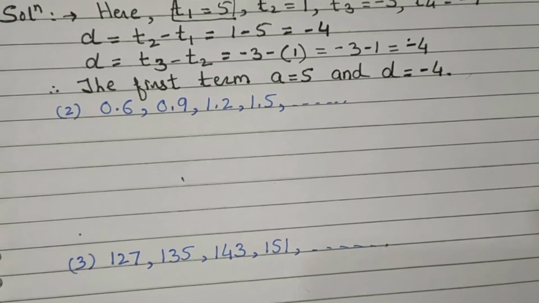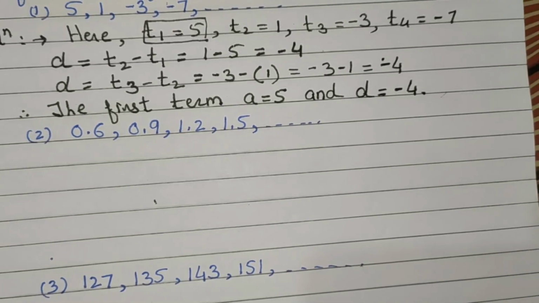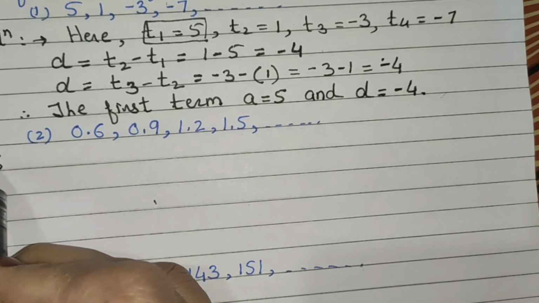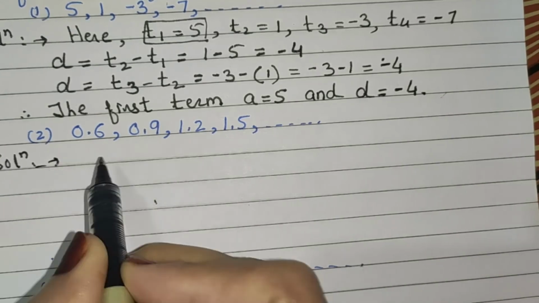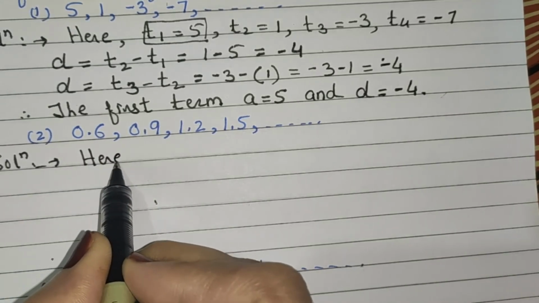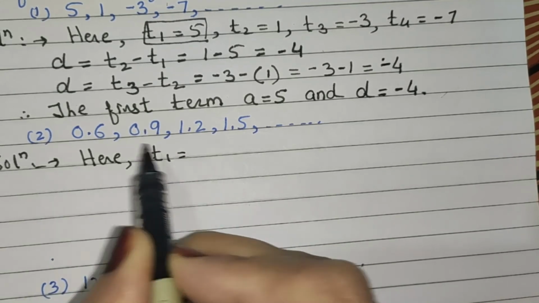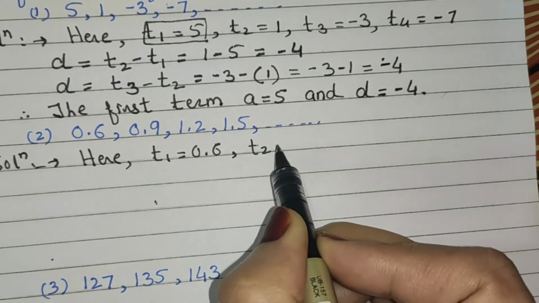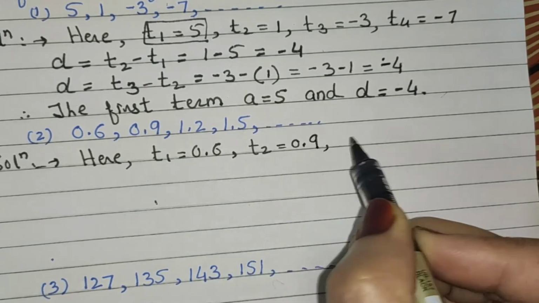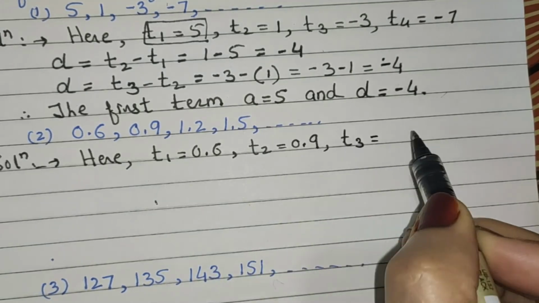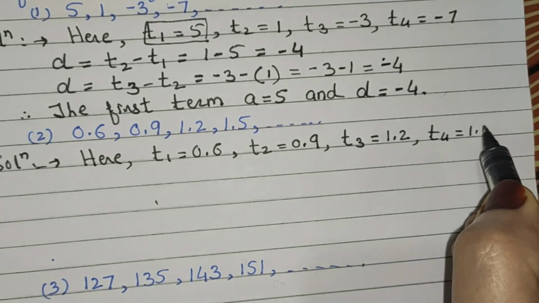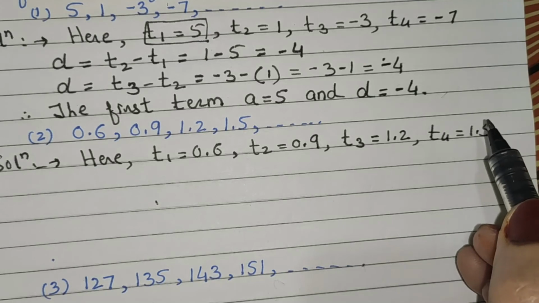Now the next one is second question. It is an AP. Write down the solution. T1 is equal to 0.6. T2 is equal to 0.9. T3 is equal to 1.2 and T4 is equal to 1.5.